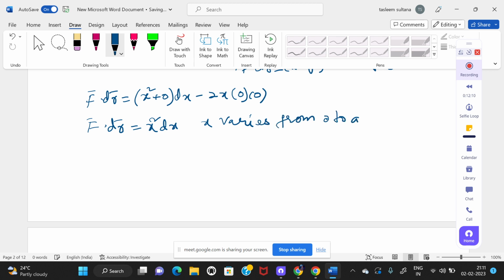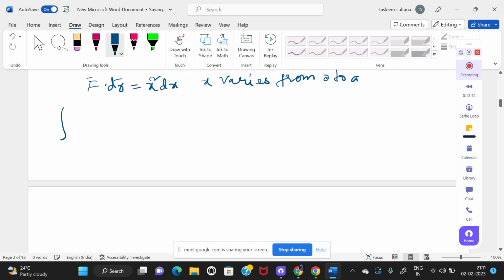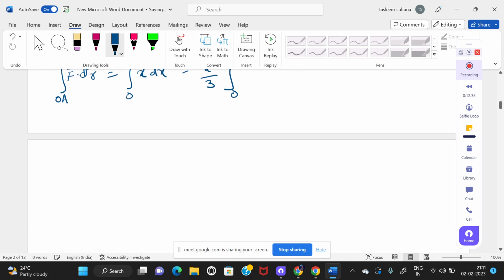Your first line is from O to A. So the integral from 0 to a of F vector into dr vector is equal to the integral from 0 to a of x square into dx, which is equal to x cube by 3, with limits from 0 to a.